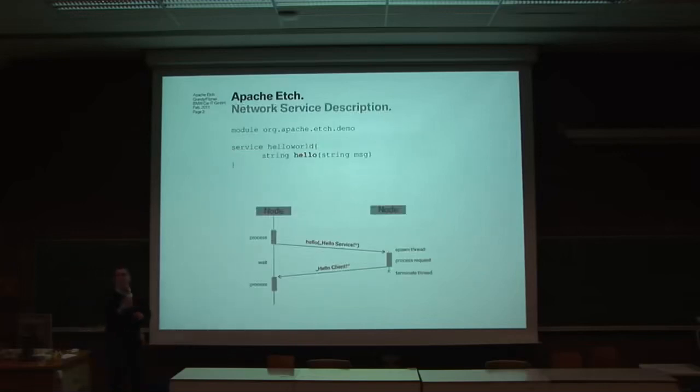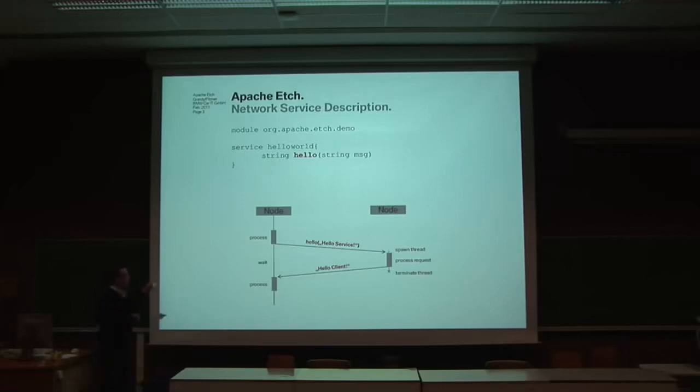The very basic thing that you can do in Etch is what you see at the very top of this slide. You can write network service descriptions. In this case, you just have a service which is called hello world. It has a method called hello, which takes a string and returns a string, and you probably guess what's happening on the wire.